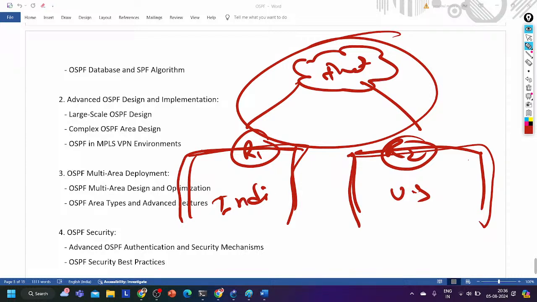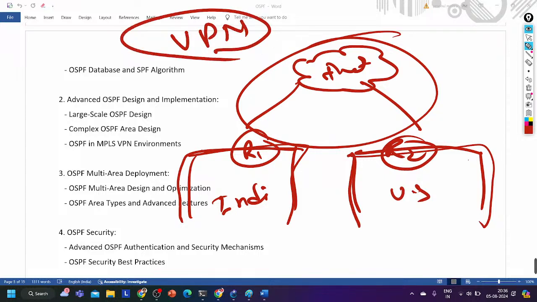And by default, 2 private networks cannot communicate with each other over a public network, right? So the technology which we are going to use to make it possible is known as VPN, right? Here, over our public network, I can create one virtual private network. That is VPN technology. We will learn it later.